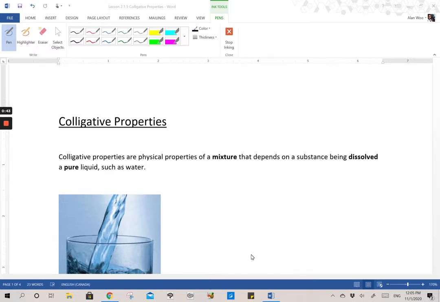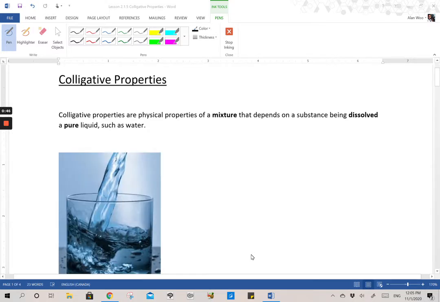So in terms of colligative properties, the first one that we'll look at is called boiling point elevation. Okay, so elevation means to rise.